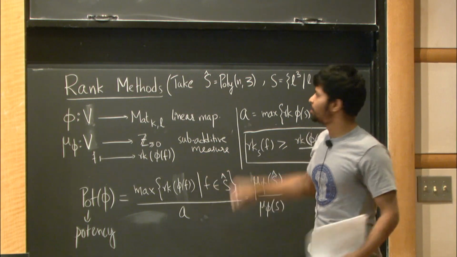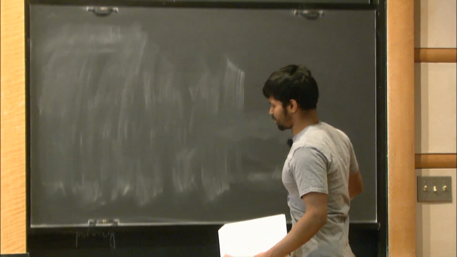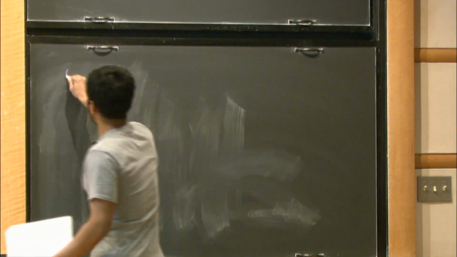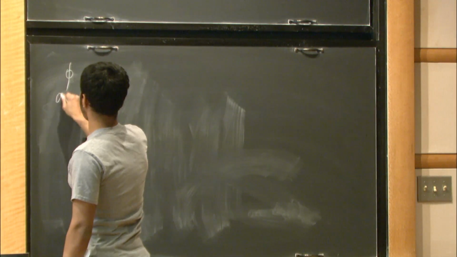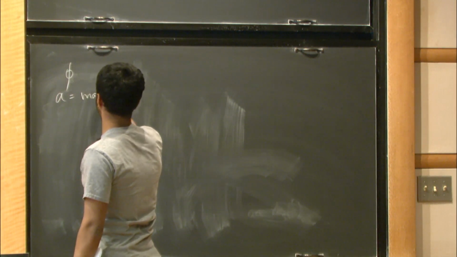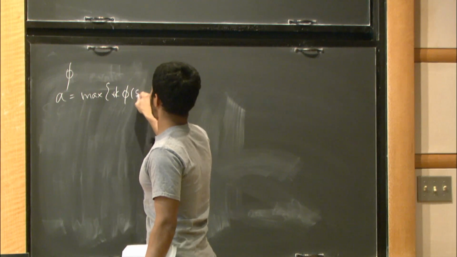Does that make sense? So let me write this down a little more precisely. You start with some rank method and you have this A, which is the maximum possible rank of the simples.